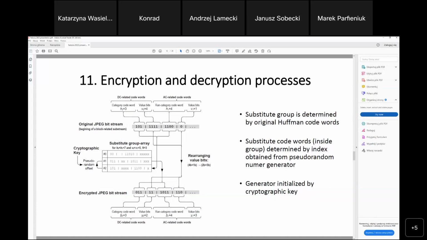And this process can be simply reversed on the decoder side. Without a proper cryptographic key, we don't know how code words have been substituted.